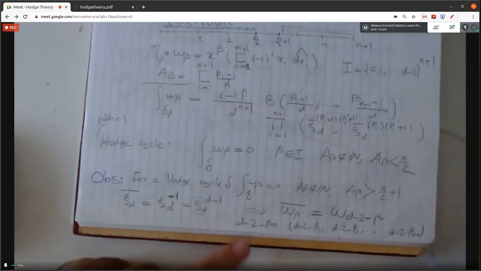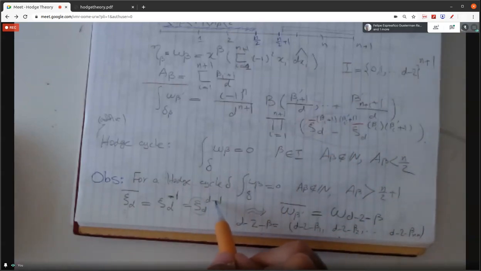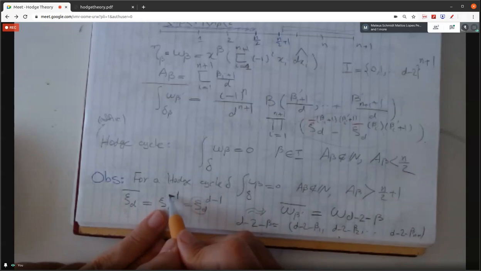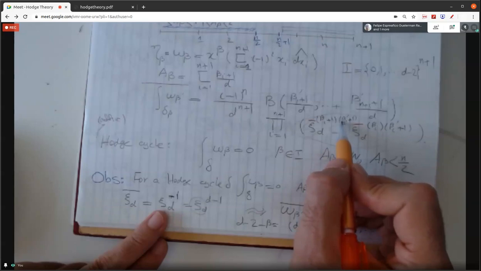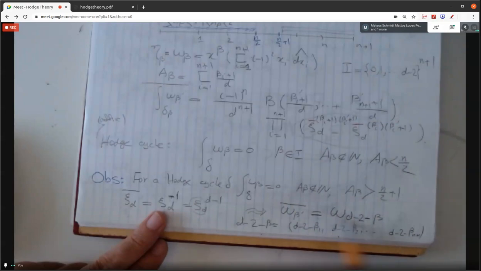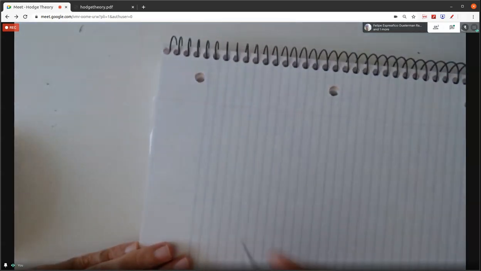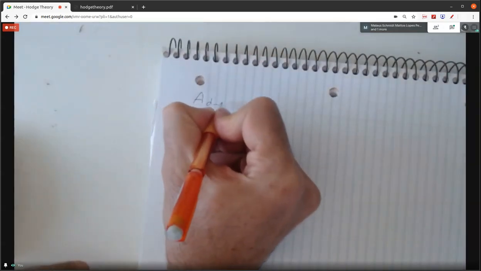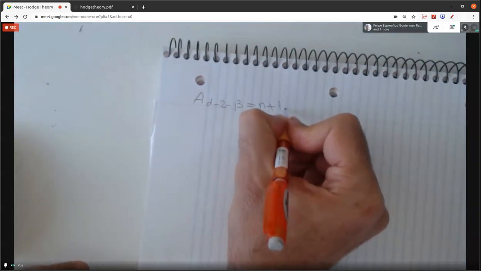Oops, sorry. And so you just replace this one here, and use this one here, minus goes to beta i primes, and then you add the factor of d, and then you will get this fact. And the point is that then you will realize that this a d minus 2 minus beta, when you compute it, is n plus 1 minus a beta.